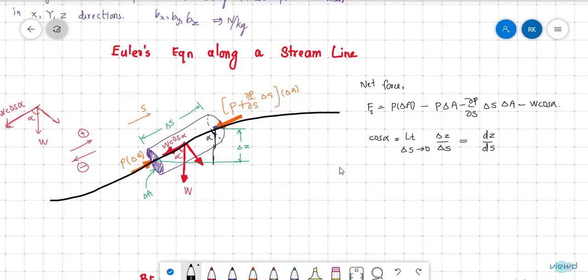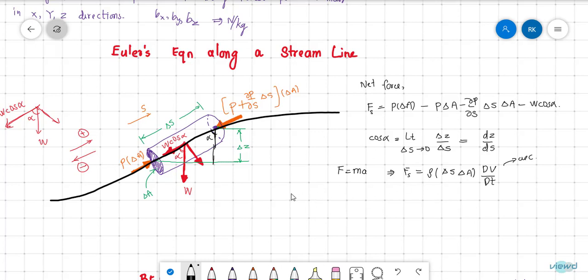And also F is equal to ma. We know this. So Fs in this case is equal to mass times acceleration. Mass can be represented as rho into volume. Volume of this cylinder that we are considering is delta S into delta A. So this is the mass. And acceleration can be represented as capital Dv by capital Dt.